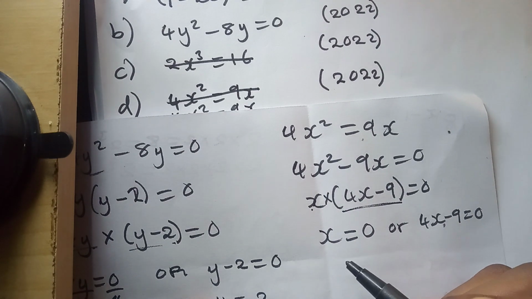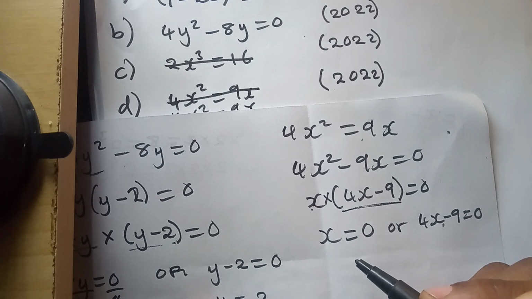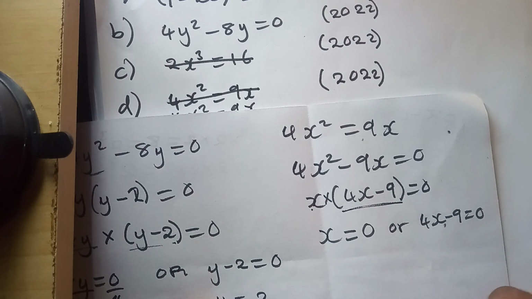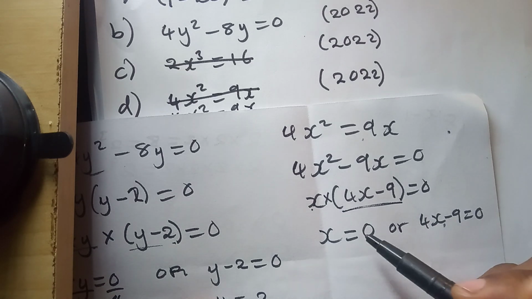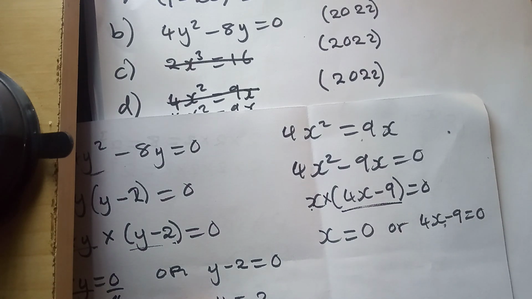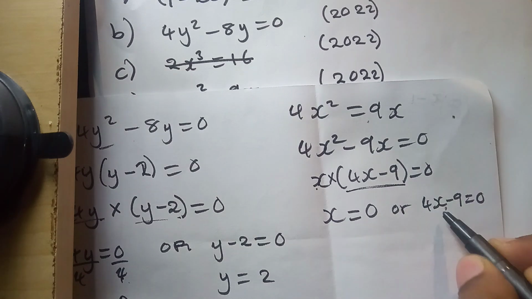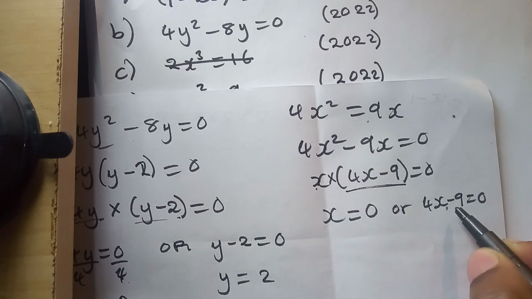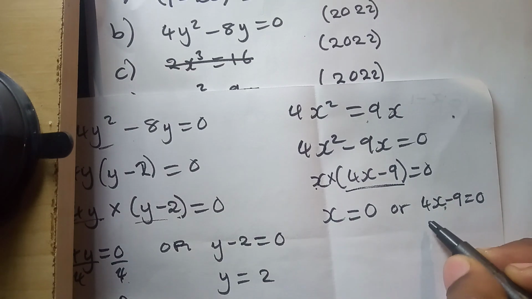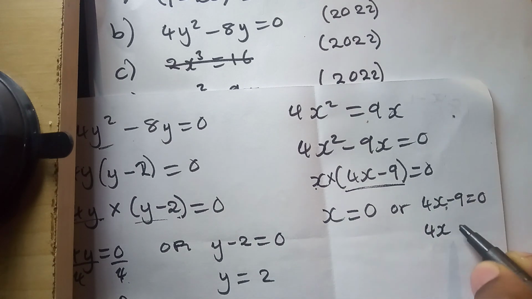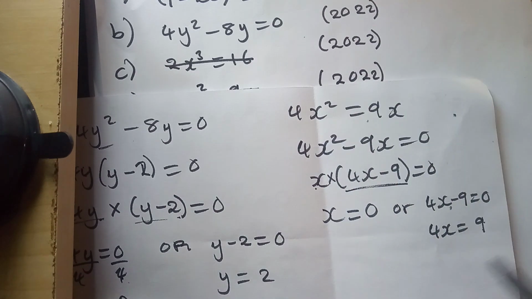By the way, these equations will almost always have two different values. We have special cases where the two x values are the same, but that's not the case here. So to solve for x here, you can just take the 9 to the other side. So you have 4x is equal to 9.